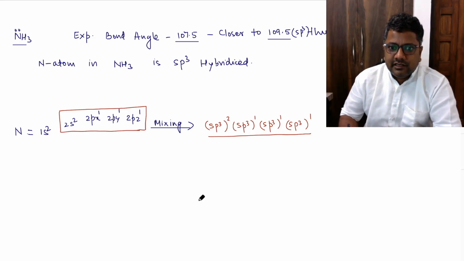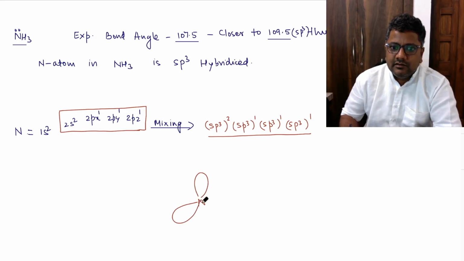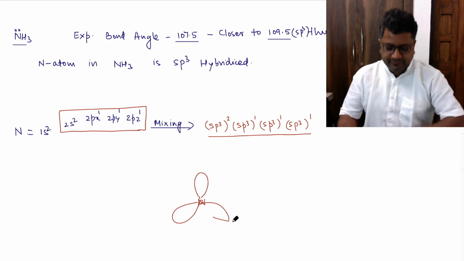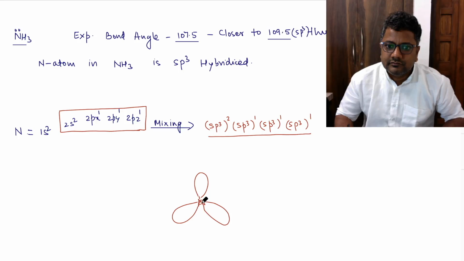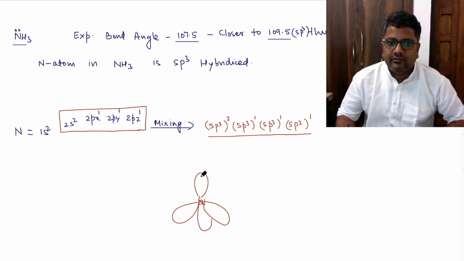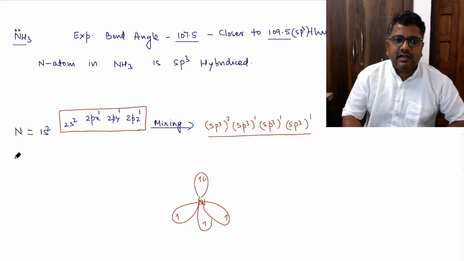Now see the nitrogen: 1 sp3, second sp3, and one has 2 electrons, and the rest 3 have 1 electron, and this hydrogen will have 1s1.